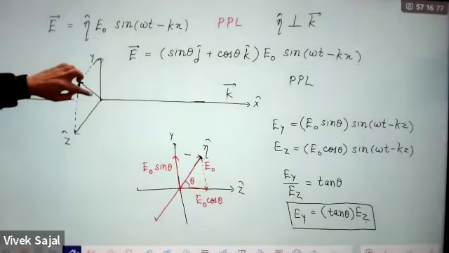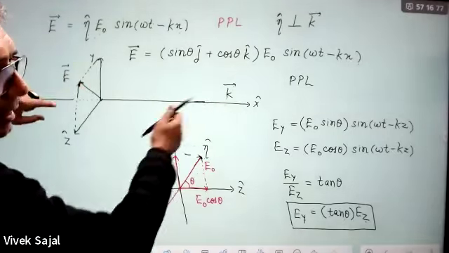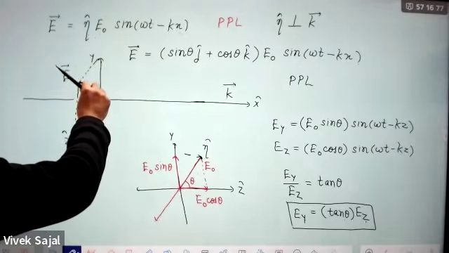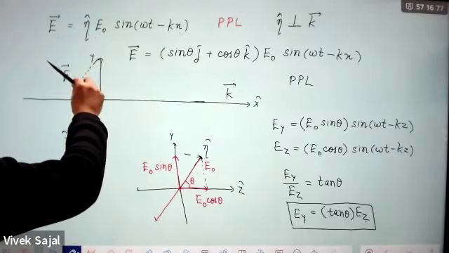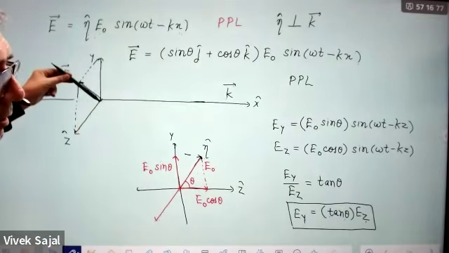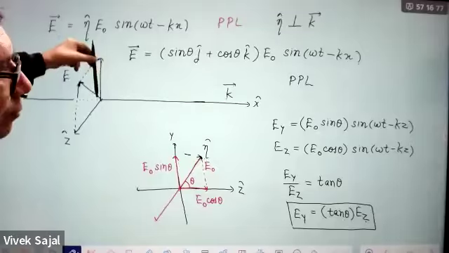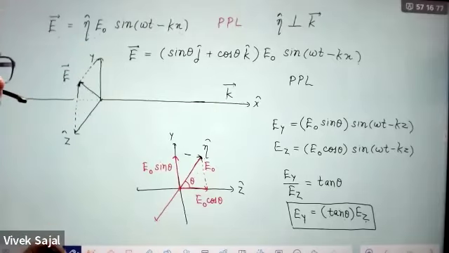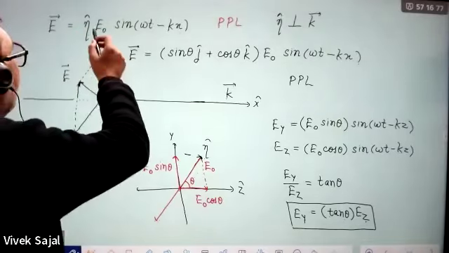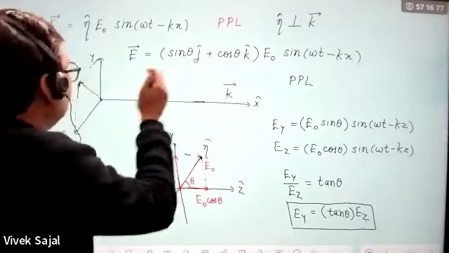Actually, this eta vector is in an arbitrary direction. Eta vector is perpendicular to the x direction. This is the x cap direction, and it is perpendicular to this. This eta cap is any arbitrary direction, not y or z. So I can resolve this eta cap into two components, one parallel to y, one parallel to z. So this E naught eta cap, what will this eta cap be? It is the unit vector in this direction.